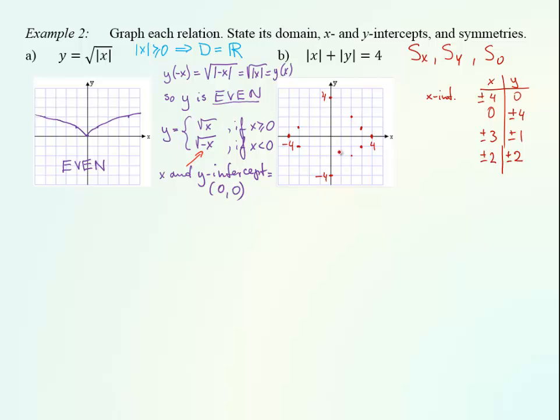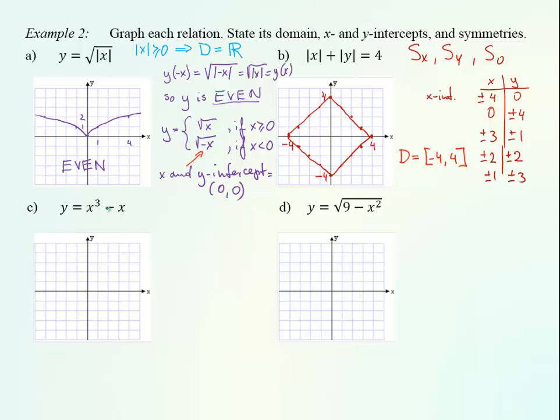So we have those points. Oh, we start seeing some pattern. If y is plus minus 3, then x will be plus minus 1. Here we definitely see a strong pattern that looks like a diamond if you connect all the points with straight pieces of line. And we have a diamond like this. It's very symmetrical. So now it's easy to state the domain for this relation. It is everything from negative 4 up to 4. Let's put some numbers on this graph as well.